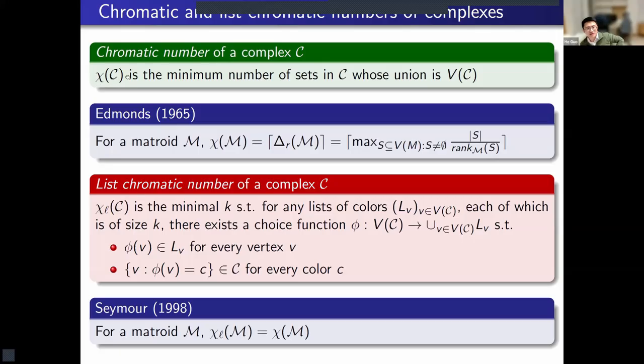The chromatic number of a complex C is just the minimum number of sets in C such that the union of the sets is equal to the vertex set of C. Previously, recall that the chromatic number of a graph is a special case, where you take C to be the independence complex of your graph G. And this is the definition for chromatic number.